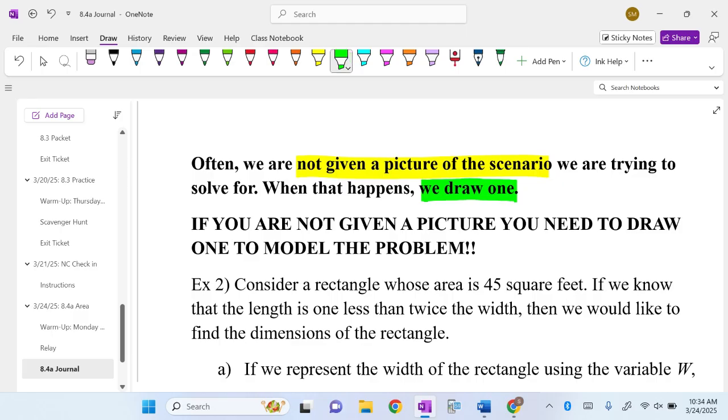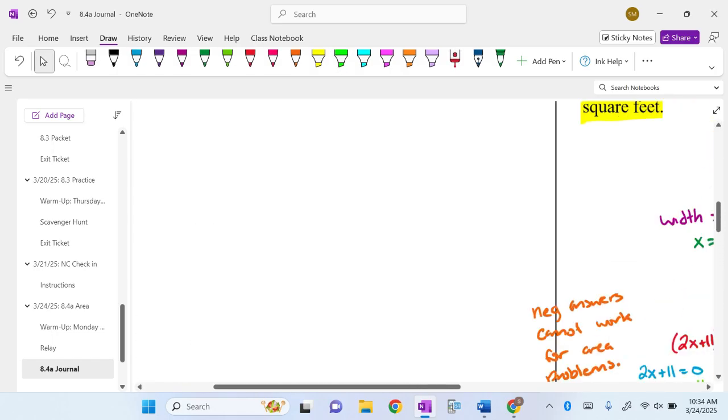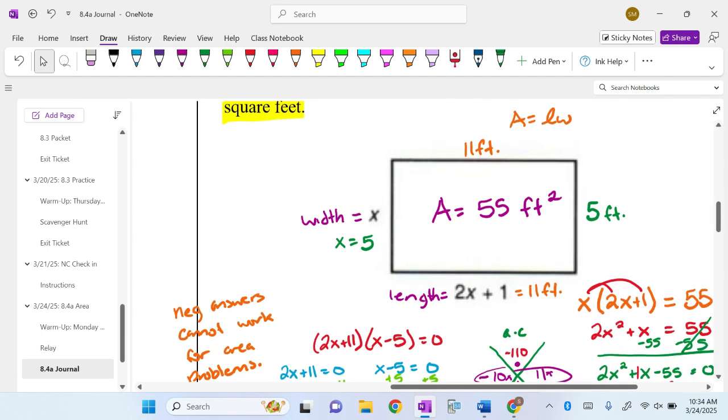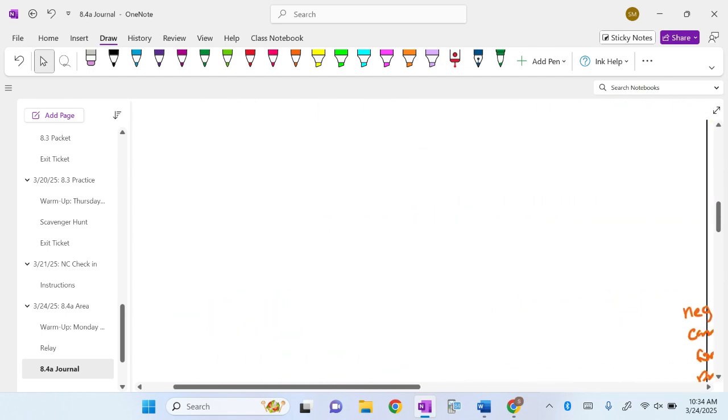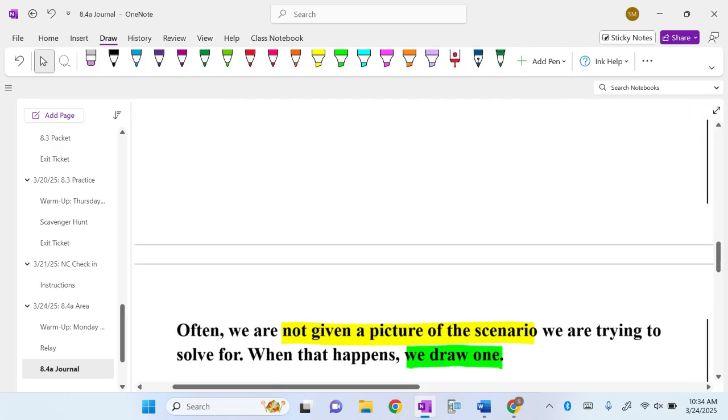If you're given a word problem, especially if it has something to do with geometry, draw that picture. It takes like 2 seconds. Draw that picture because it will help you visualize what's going on. So draw a picture like this picture here. Just take the 2 seconds and draw that rectangle and set everything up so you know what's going on.